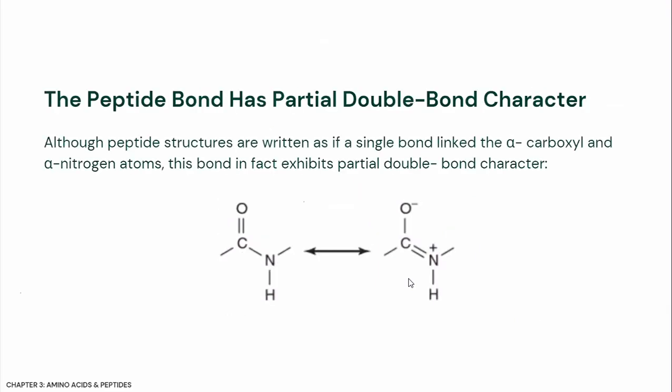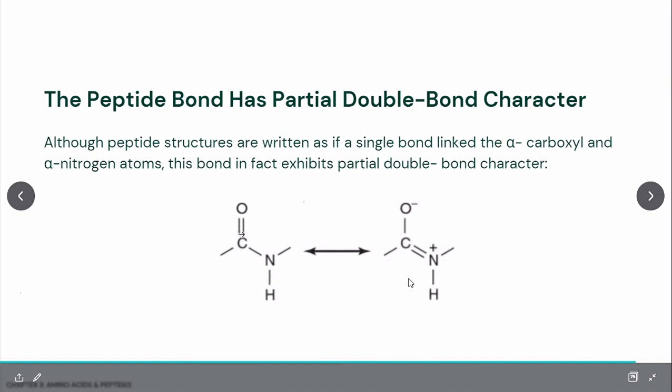The peptide bond, okay, this is the peptide bond. This is the carboxyl group of one amino acid. This is the amino group of the other amino acid. There is only one bond, but it has a character of a double bond.